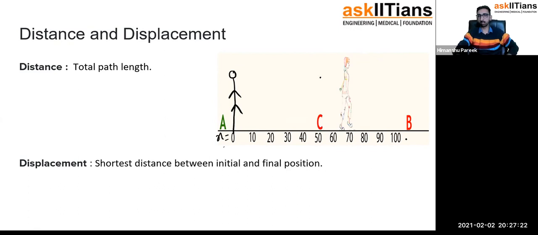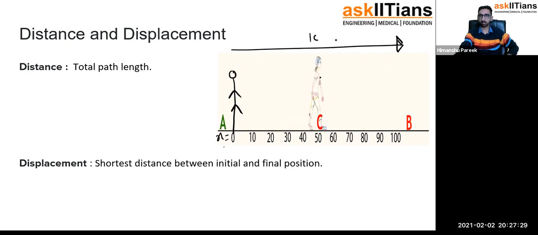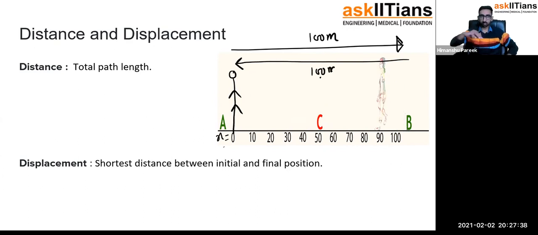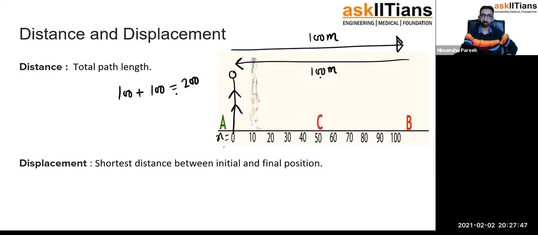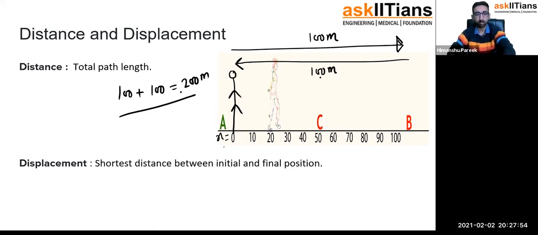The total distance covered is 100 meters in the upward journey. Now she comes back to A, again 100 meters. So the total distance covered is 100 plus 100 is equal to 200. So what this lady has covered is the total path length of 200 meters.